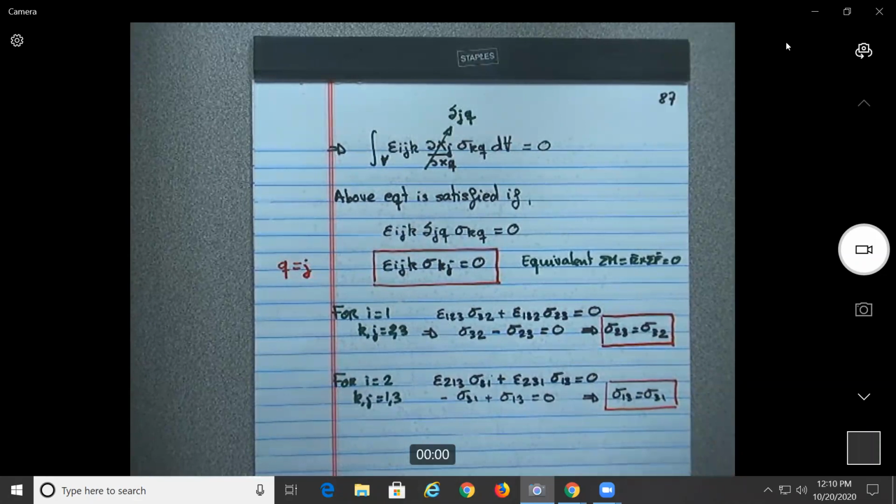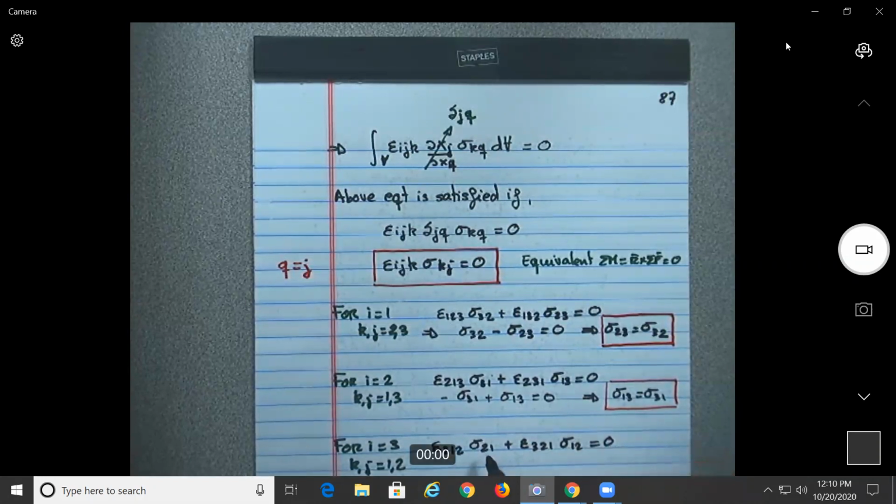And then what we have for i equal 3, k, j equal 1, 2, what are we going to get? So sigma 3, 1, 2, sigma 2, 1, plus epsilon 3, 2, 1 sigma 1, 2 will be equal to 0.